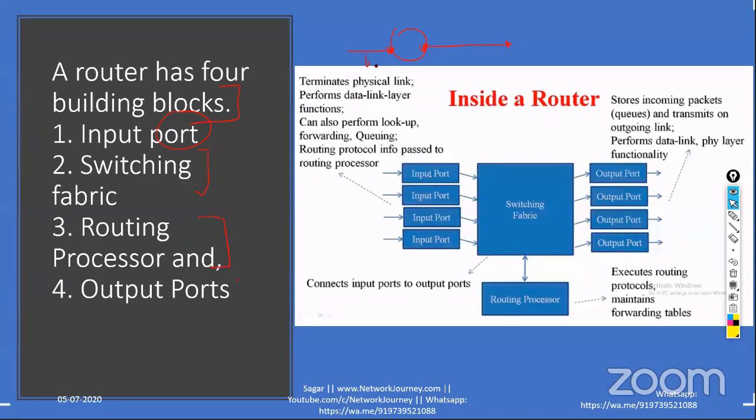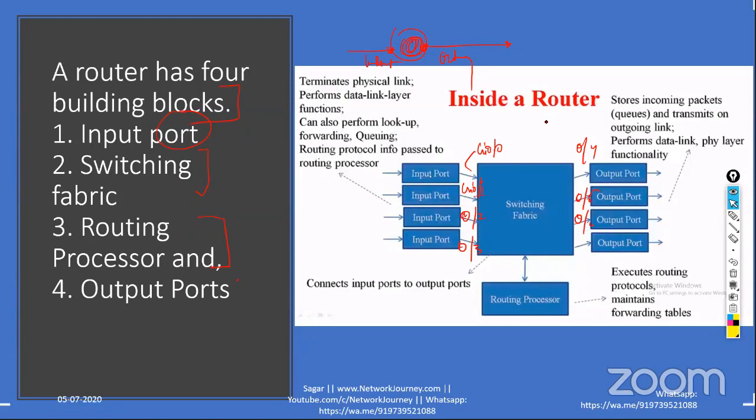So this is inbound traffic, this is outgoing traffic, and then you have the processing happening. You have multiple interfaces like gig 0/0, 0/1, 0/2, 0/3. Similarly over here, maybe you have 0/4, 0/5, and so on.